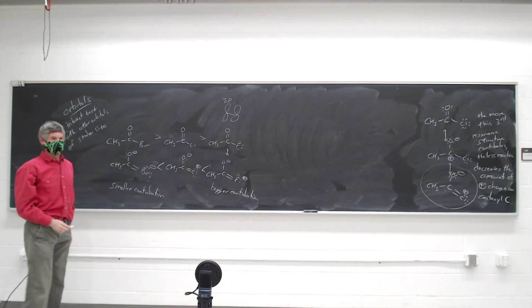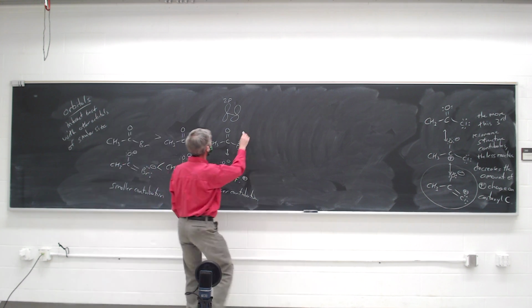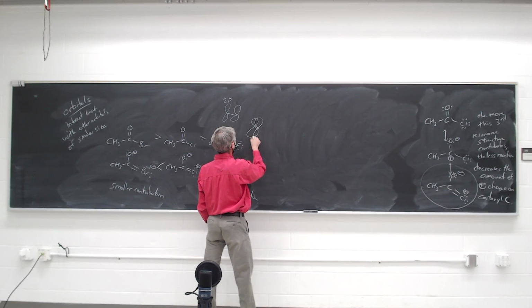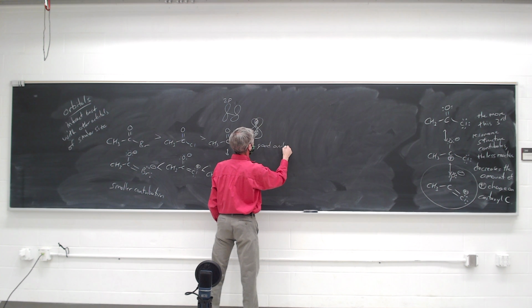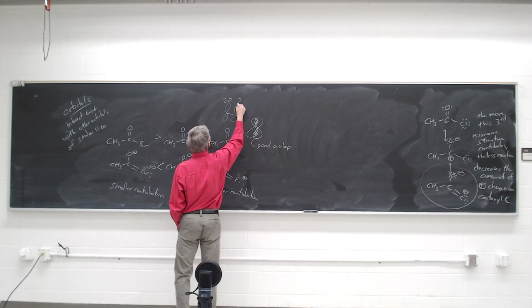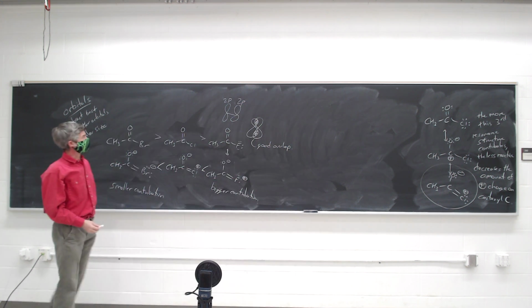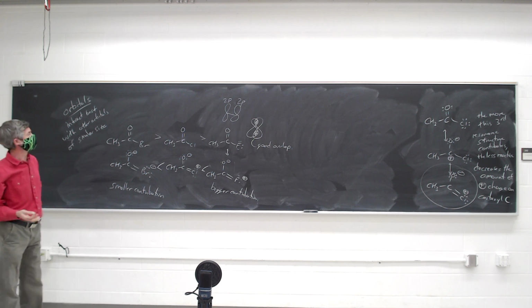They're very similar size, so when you bring them together, you're going to get lots of good overlap. A pair of identical or almost identically sized 2p orbitals.